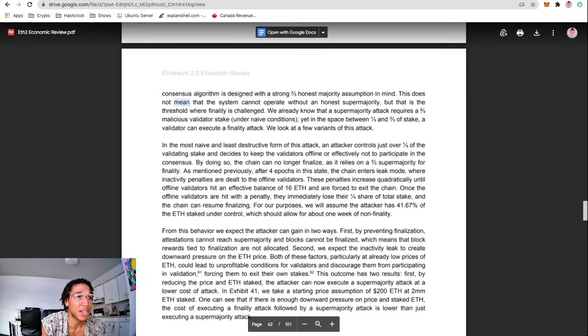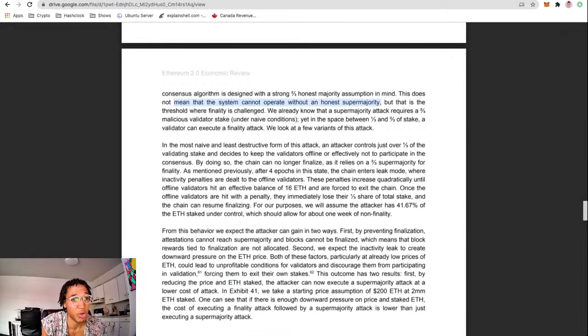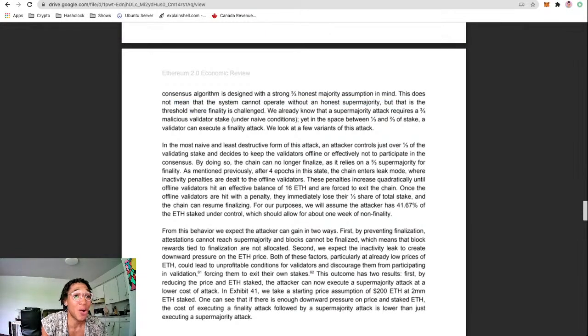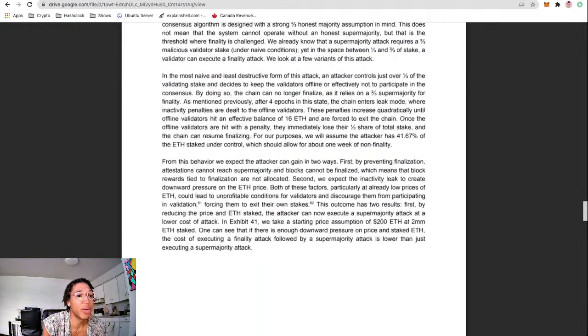This does not mean that the system cannot operate without an honest supermajority, but that it is the threshold where finality is challenged. We already know that a supermajority attack requires 2/3 malicious validator stake under naive conditions, yet in the space between 1/3 and 2/3 of stake, a validator can execute a finality attack, which is important. We'll look at a few variants of this attack.